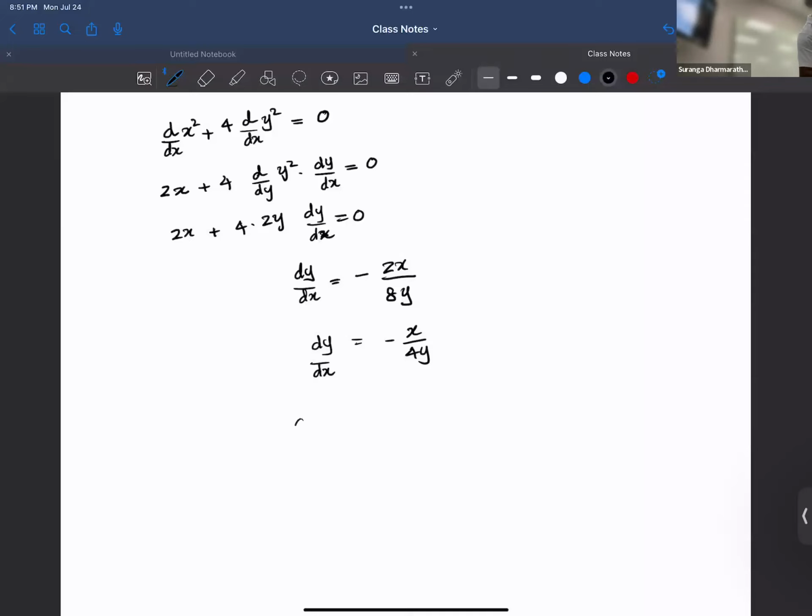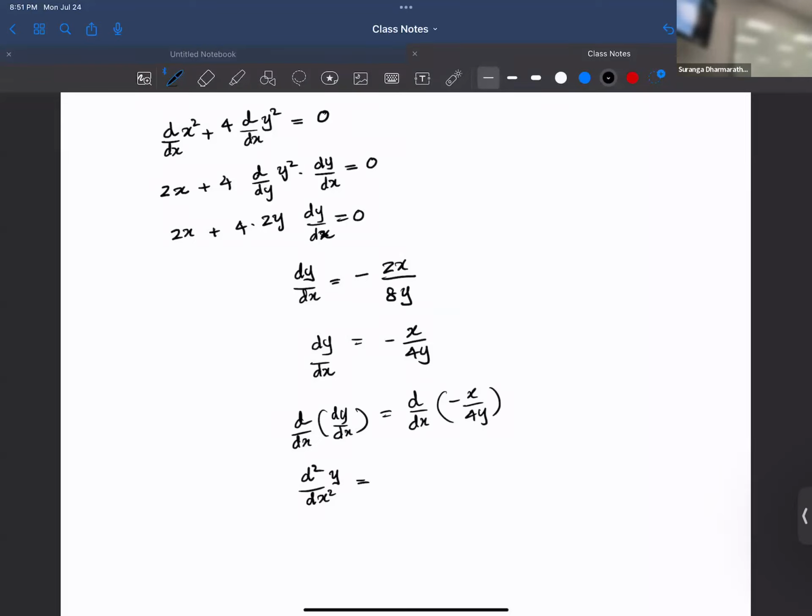So you find d over dx of dy over dx equals d over dx of negative x over 4y. So on this side, it is d squared y over dx squared, the second derivative. And then what is on this side?